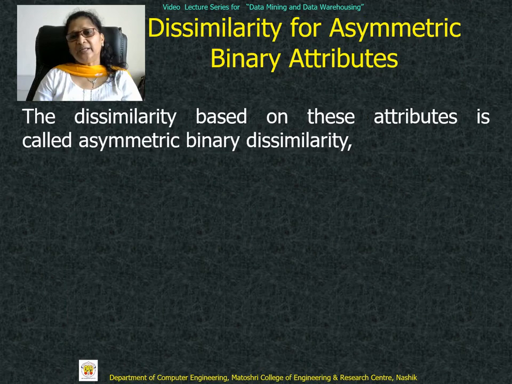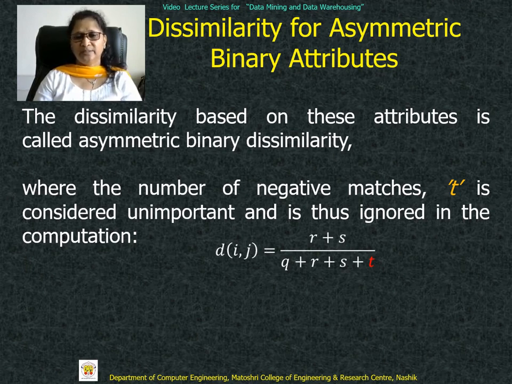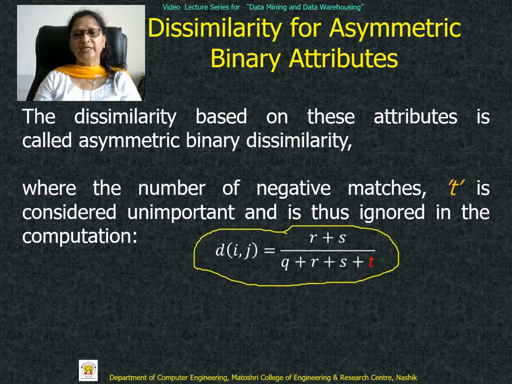The dissimilarity based on these attributes is called as asymmetric binary dissimilarity. And here we are omitting the value T. We are not considering the count of all such attributes where both the values were 0. So in contingency table, T was that particular variable, and this was the similarity formula which we used for symmetric binary attributes, and here this T we are going to omit now.